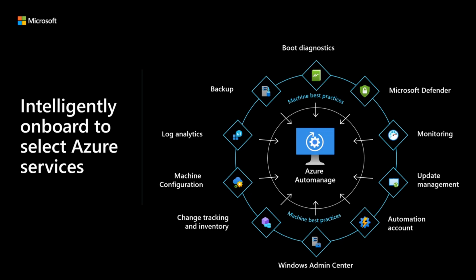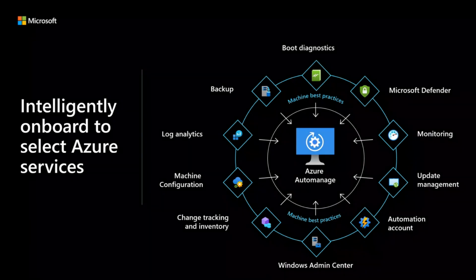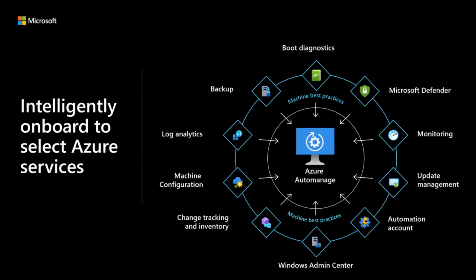And while it's great to have all those capabilities individually, what Azure Auto Manage is really created to do is simplify all of those management and operational tasks for your Azure and your hybrid environments, and really bring that all together under one product so that you can simplify that management at scale.